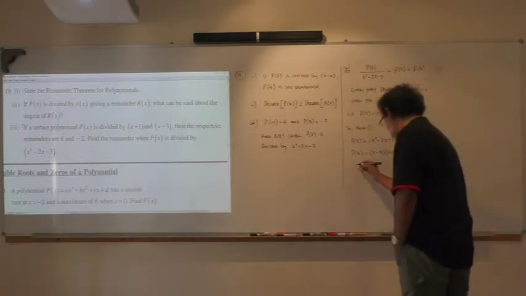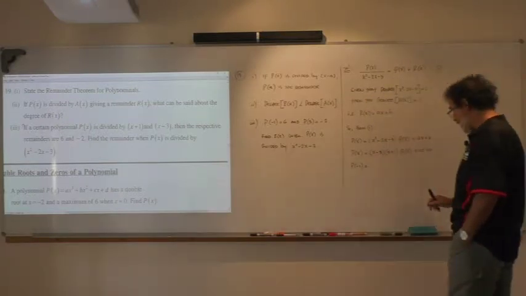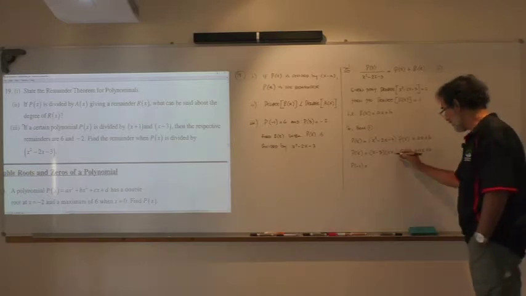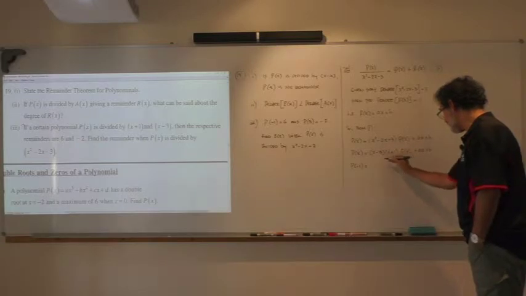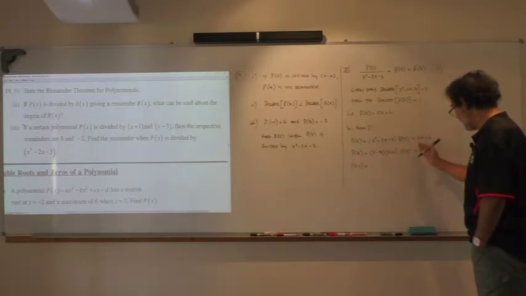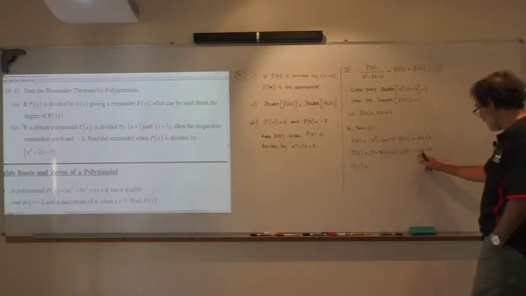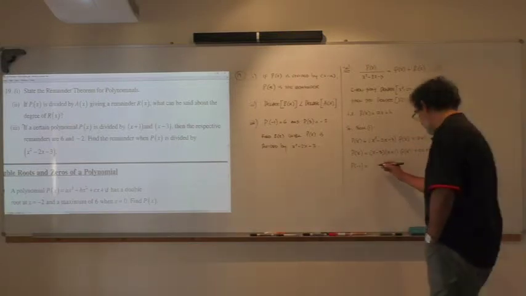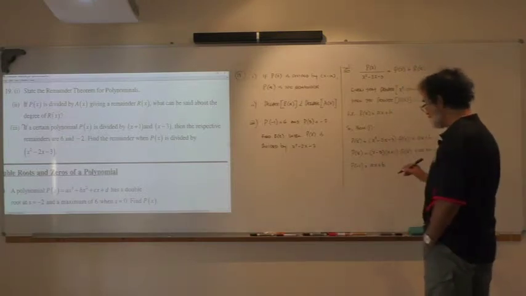Now, you can see that p of negative 1 will make that equal to 0, so that means that all this will be equal to 0 up to here. And then what is left is ax plus b.